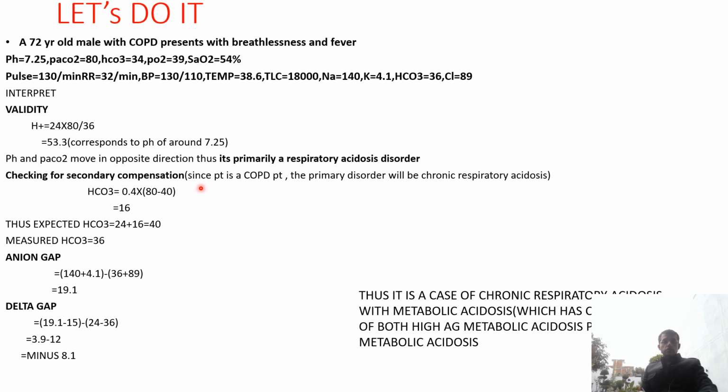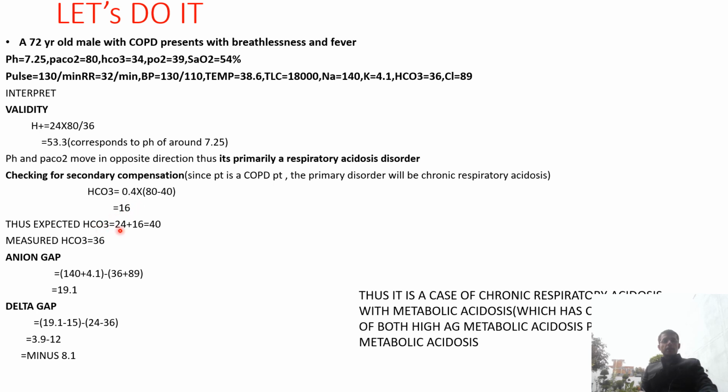So we check for the metabolic compensation. As he is a patient of COPD, it's a chronic respiratory problem. So the factor multiplication is 0.4: 0.4 multiplied by his PCO2 of 80 minus the normal 40, and 16 is the correction factor.